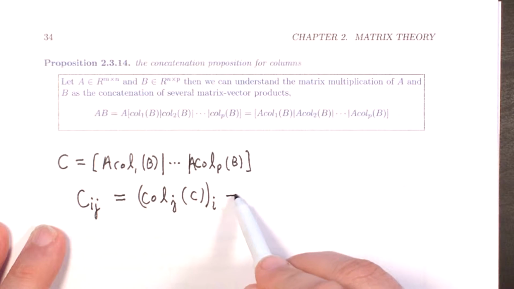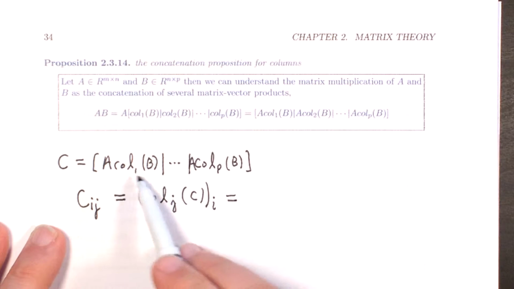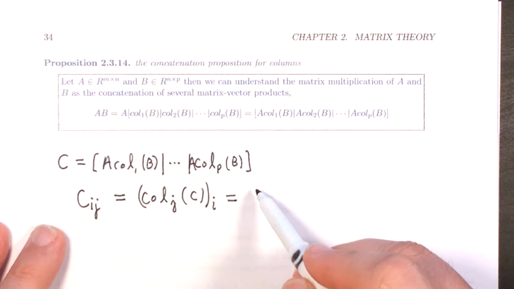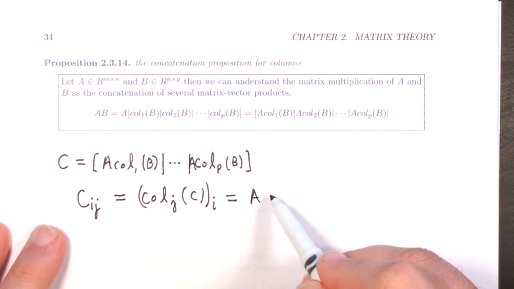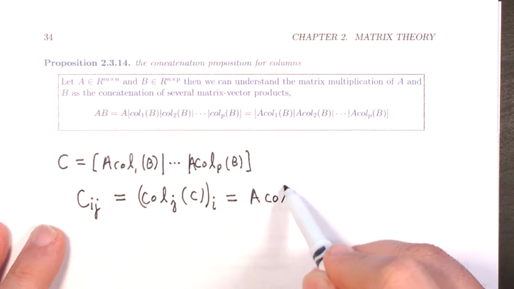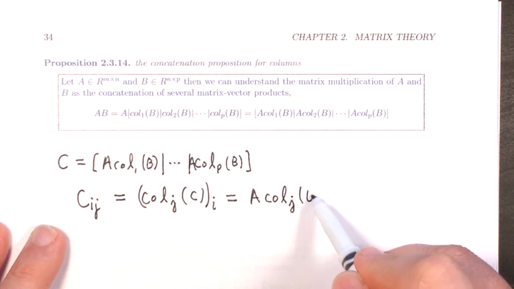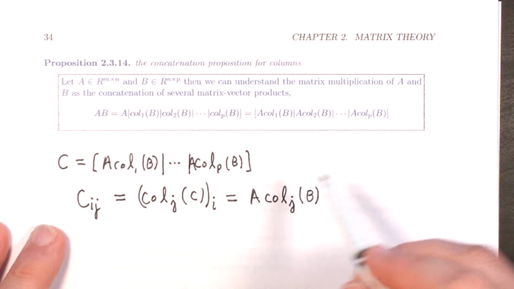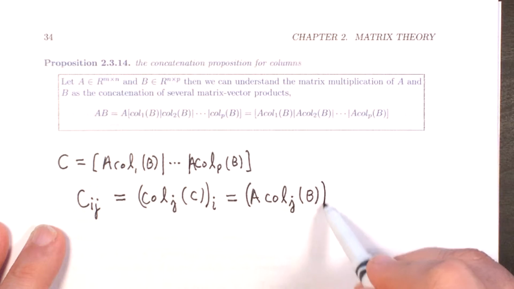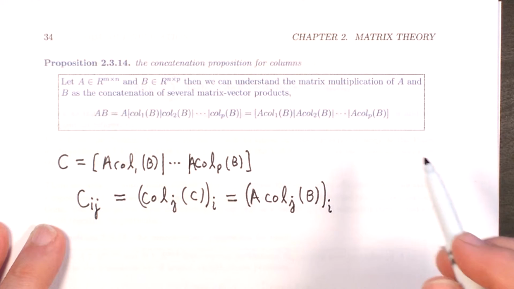Now that, by construction of C, would be A times column J of B. That's the jth column of C. And of course we still have the ith component of that.